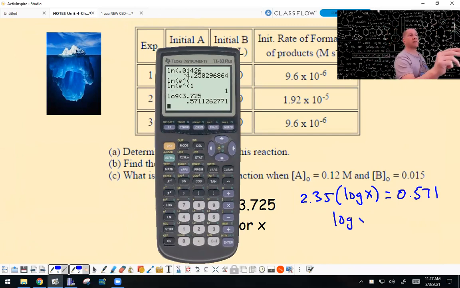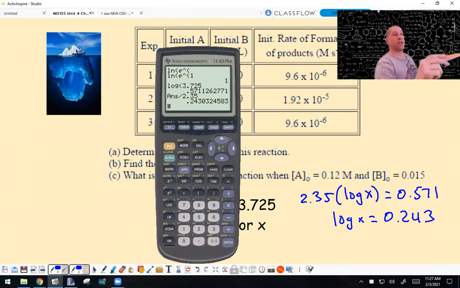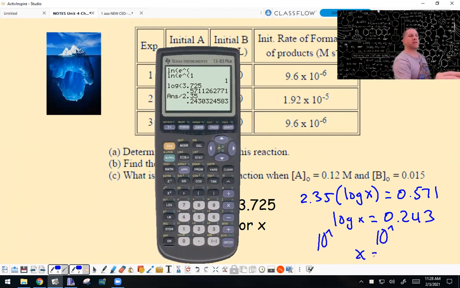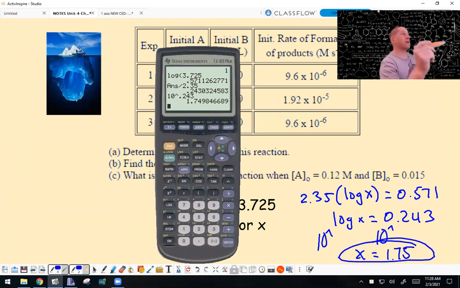The log of x equals, divide both sides by 2.35, 0.243. Got to get rid of log, 10 to the. So x equals 10 to the 0.243. And so we get 1.75.